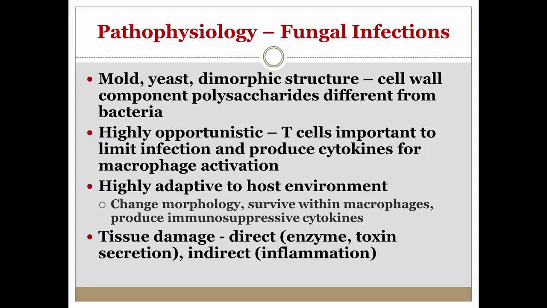So when you think about that mold in your refrigerator, remember how it grows up from the bread or whatever else might be growing in your refrigerator right now. So not only is it very tolerant to the environment, to that temperature change, pH change, or changes in oxygen, but it also has the ability to change the way it looks from a single cell to a hyphated form.